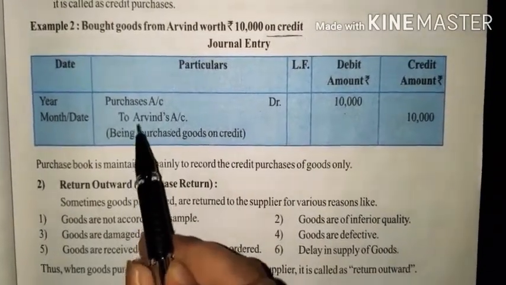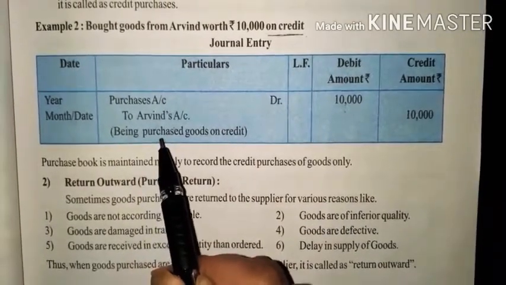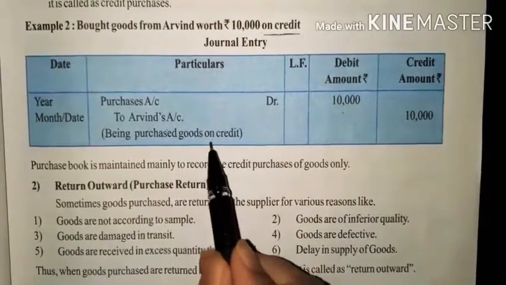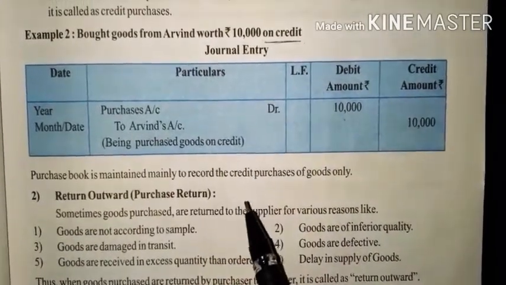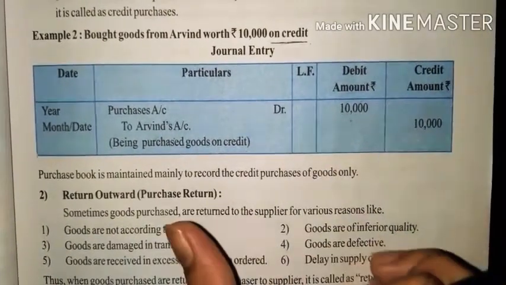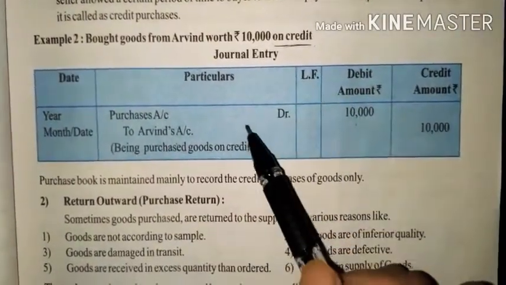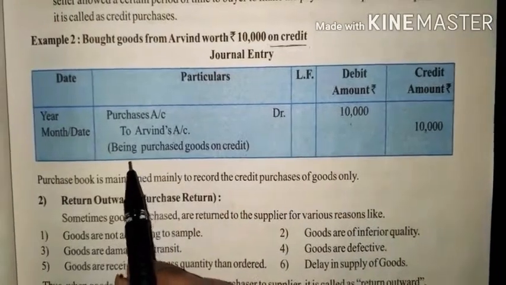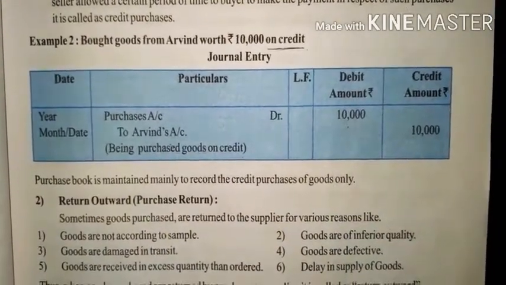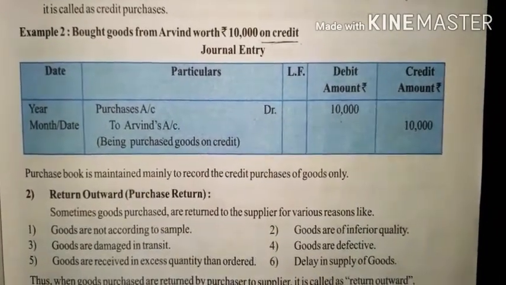Again, the narration of the transaction, or the brief explanation of the transaction you have made in the journal: Being purchased goods on credit. Now this word on credit is very important. You have to write it down in the narration, for a better understanding of what type of transaction it is. If you just write being purchased goods, there is no clear idea whether it is a cash transaction or a credit transaction.